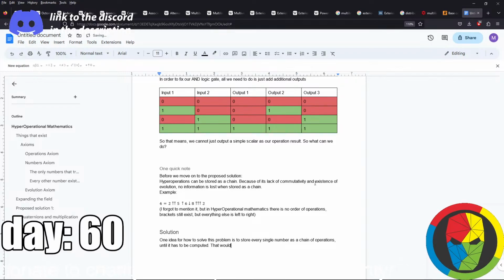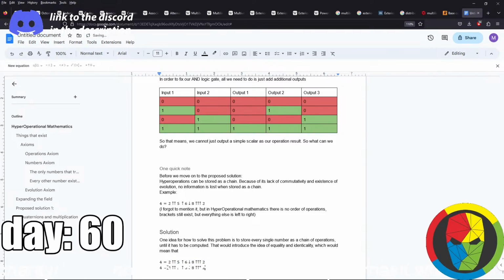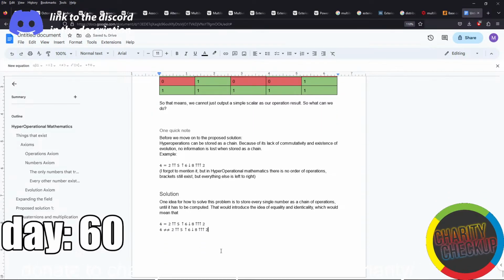That would introduce the idea of equality and identicality, which would mean that whilst 2 is equal to this, it is not identical to this.